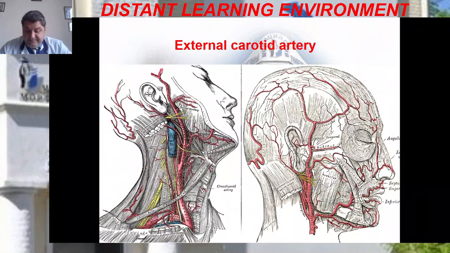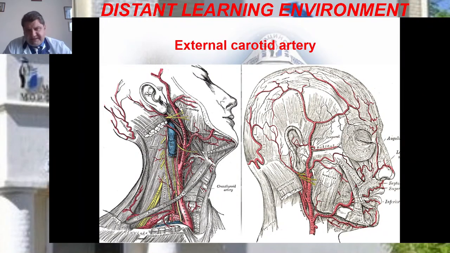The origin of the external carotid artery is at the level of the posterior belly of the digastric muscle. Most of its branches are remnants of the branchial arteries and supply organs derived from the visceral arches with nutrients.